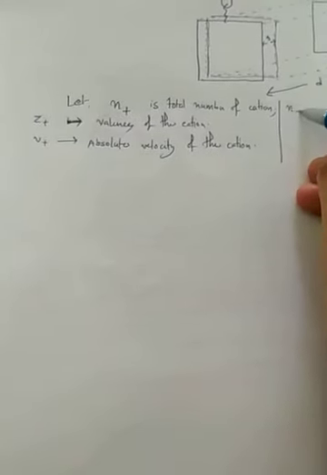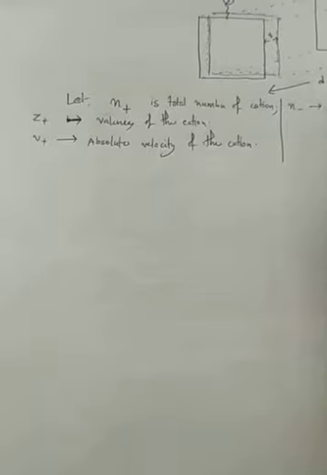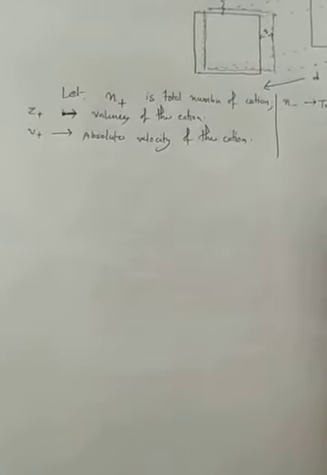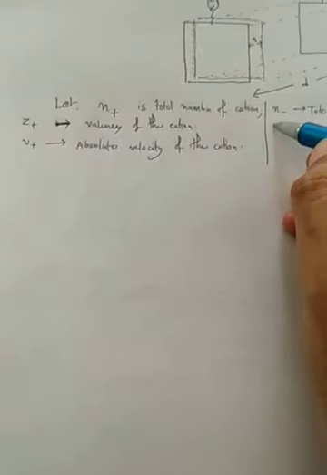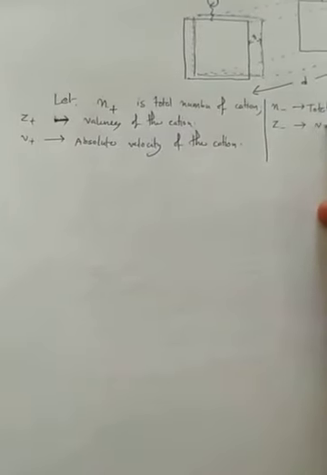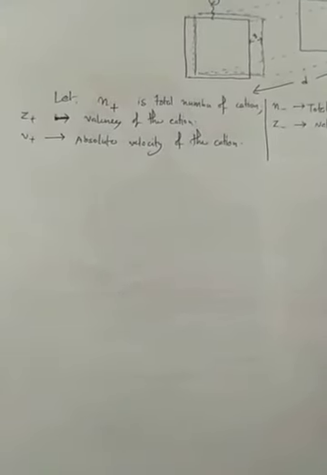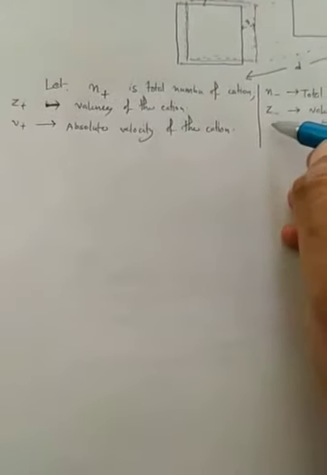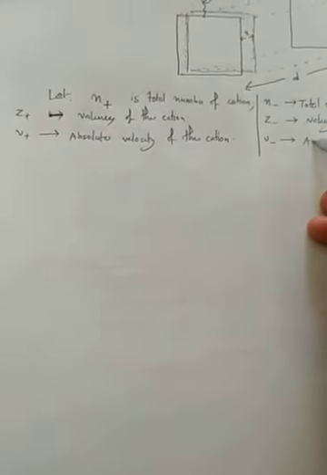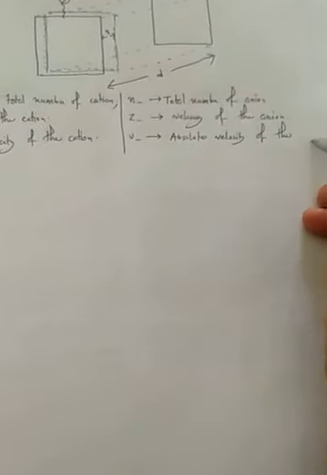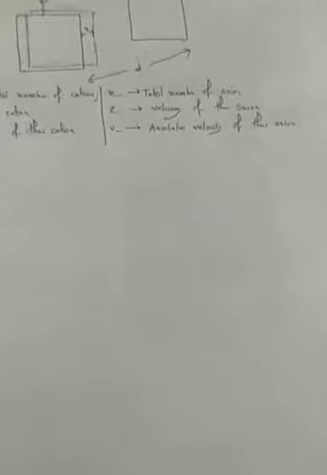Similarly, n minus is the total number of anions. Z minus is the valency of the anion. V minus is the absolute velocity of the anion.